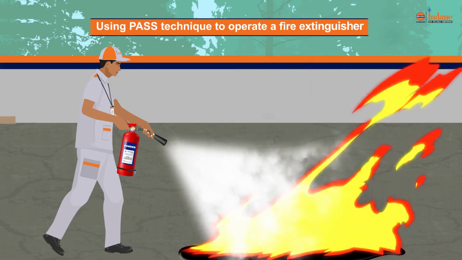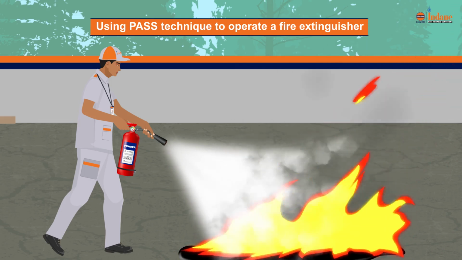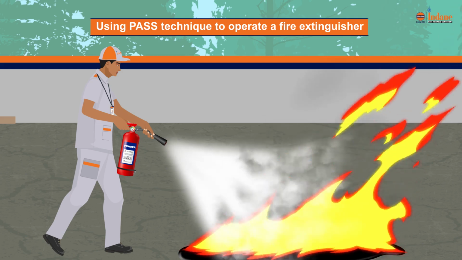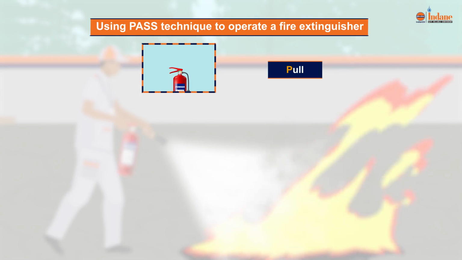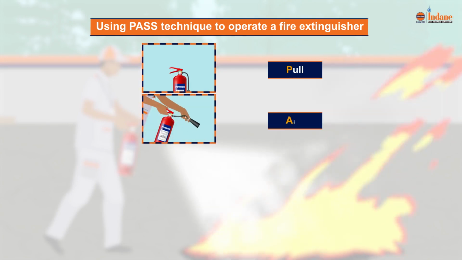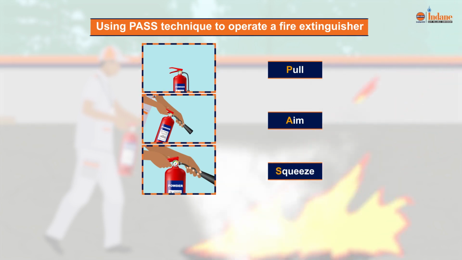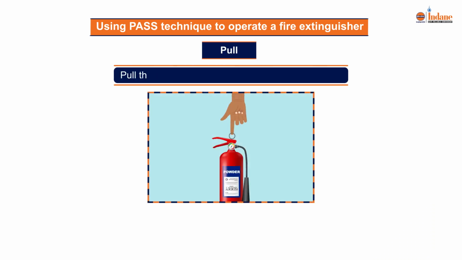So, here is an easy way to remember how to use a fire extinguisher. Just use the PASS technique. P for pull, A for aim, S for squeeze, and S for sweep. First, pull the pin located at the top of the fire extinguisher.